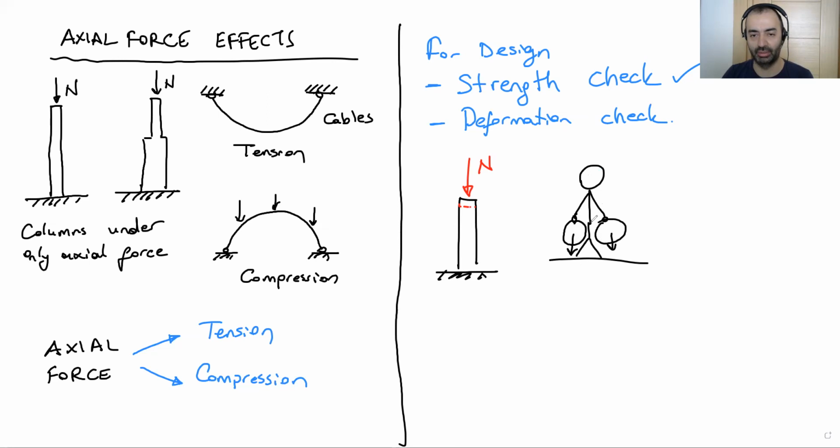You don't feel that. It's an elastic length change, and when you put your luggage on the ground, it goes back. But theoretically, every axial force member changes its length. We will talk about this in the next stage.